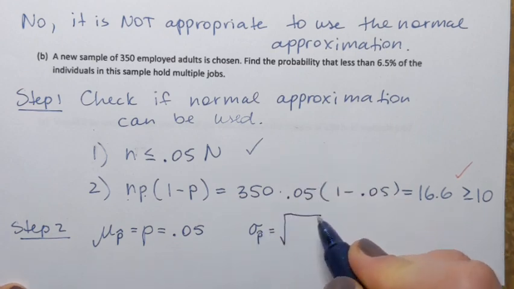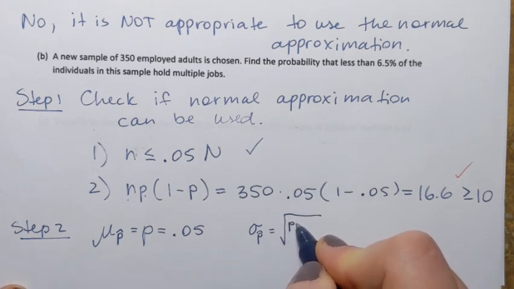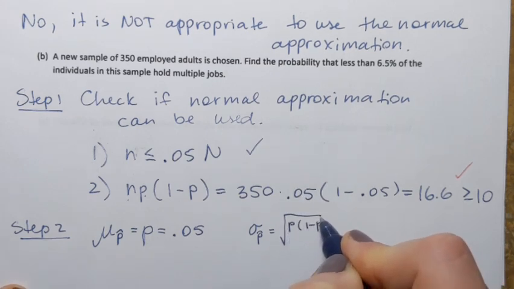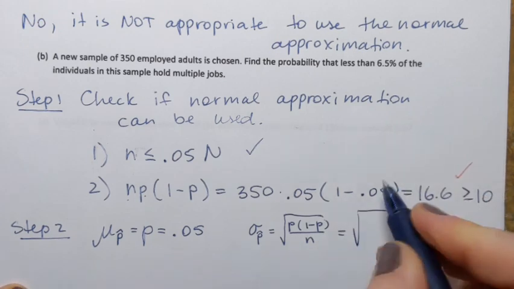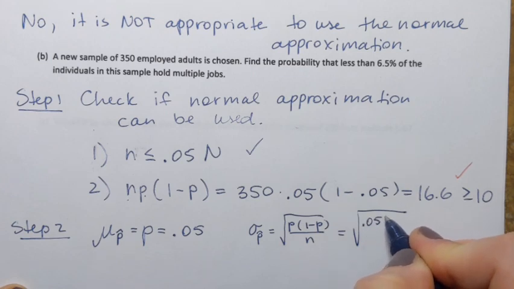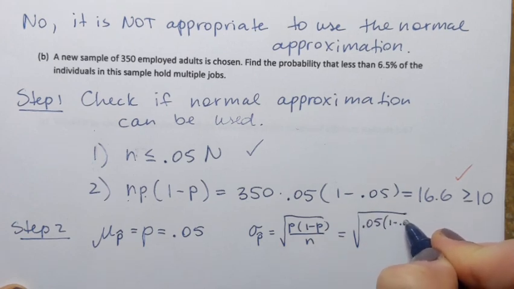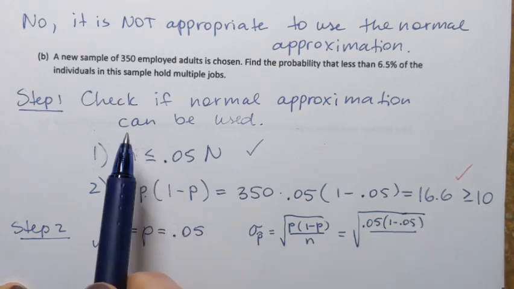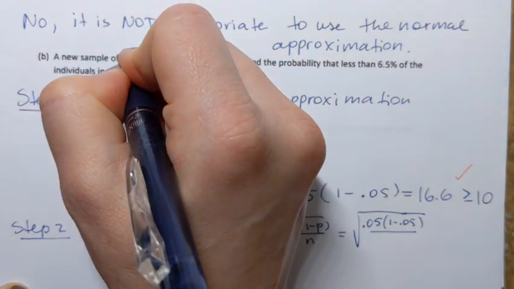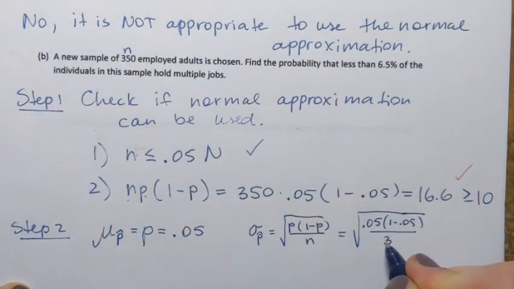It's the square root of p, which is population proportion, times 1 minus p, divided by n, that's the sample size. So square root of 0.05 times 1 minus 0.05 divided by sample size, which is 350, right? So that's n, 350.